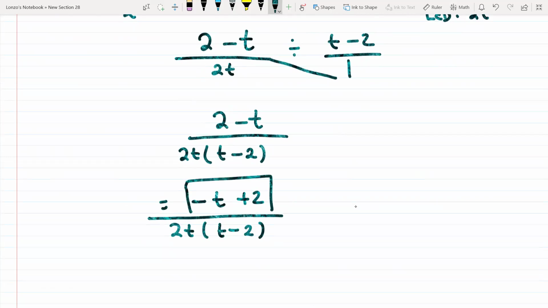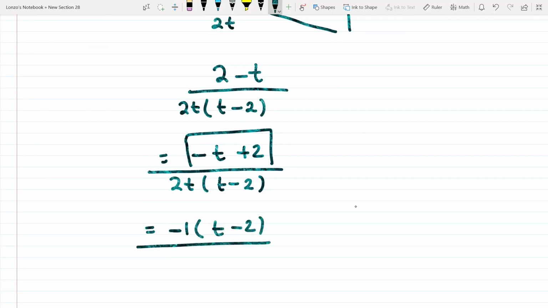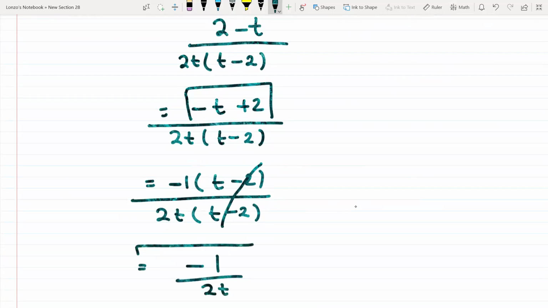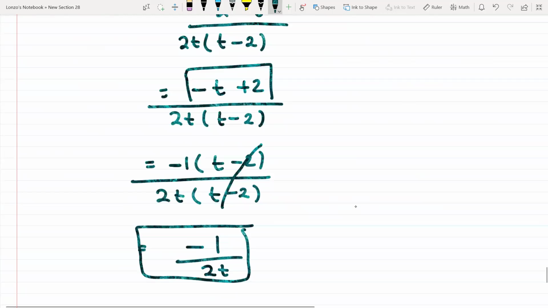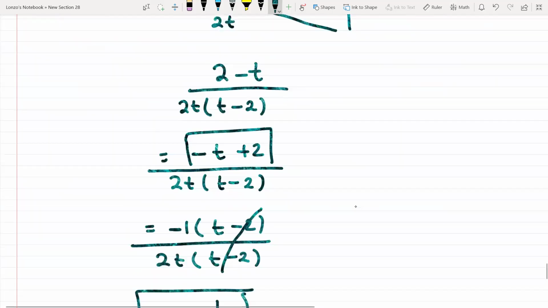We have negative t plus 2, so we can take out negative 1. So this would be negative 1 times t minus 2 all over 2t times t minus 2. Now do you see something that cancels? Yes, the t minus 2. So you're left with negative 1 over 2t. And that's your final answer.